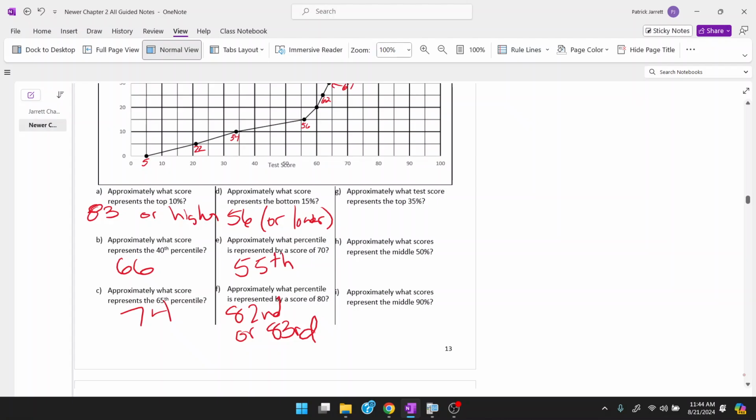Not quite. Top 35%, 74 or higher. Yes? I'm confused on why E is 50. Okay, look at a test score of 70. Oh, okay. Never mind.